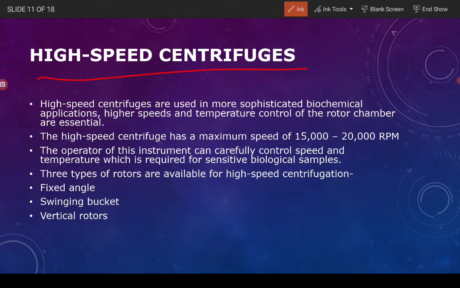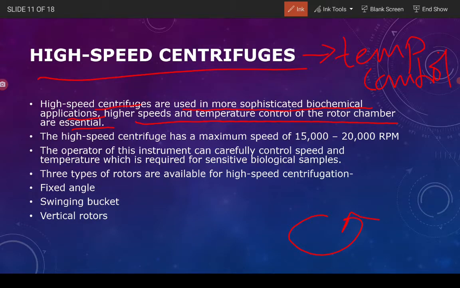We have studied the low speed, now high speed. The high speed centrifuges are used in more sophisticated biochemical applications. Higher speed and temperature control on the rotor chamber are essential. So when you use high speed centrifugation, temperature control is required by these machines, because when you move a particle at such high speeds, heat will be generated.